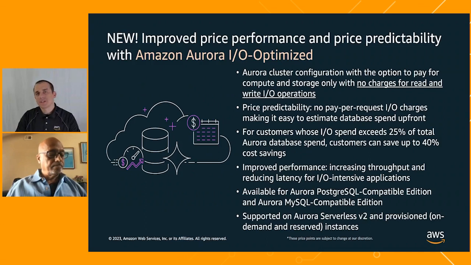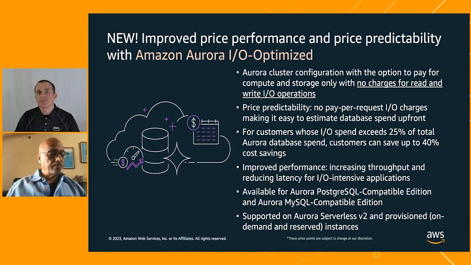Typically, customers with IO intensive workloads or highly variable workloads used to find it very difficult to predict their spend and how much their database resources cost. Now, with Aurora IO Optimized, customers simply pay for their database instances and storage, and there are no charges for read and write IO operations, unlike the standard configuration.